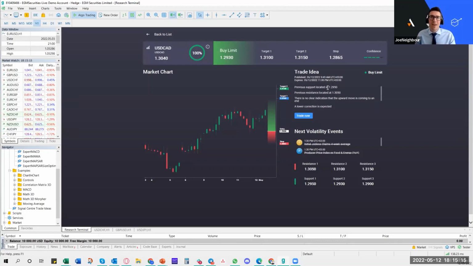Then we get on to the explanation of the trade idea itself. You may be fine with just receiving a call to action and being told or advised to buy or sell a particular market at a particular price, but in order to better your trading experience and to understand more about financial markets, it's really important that you educate yourself and do whatever you can to improve your edge when it comes to financial trading.